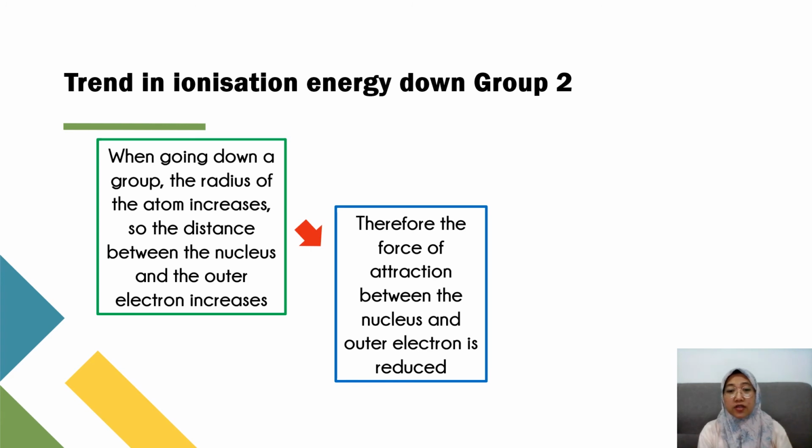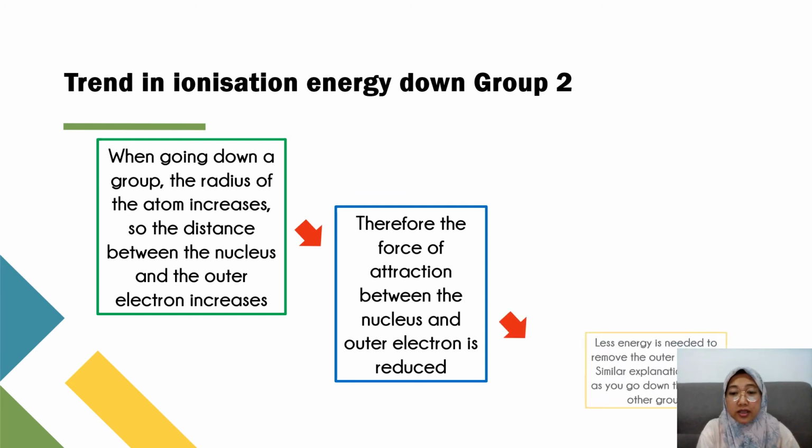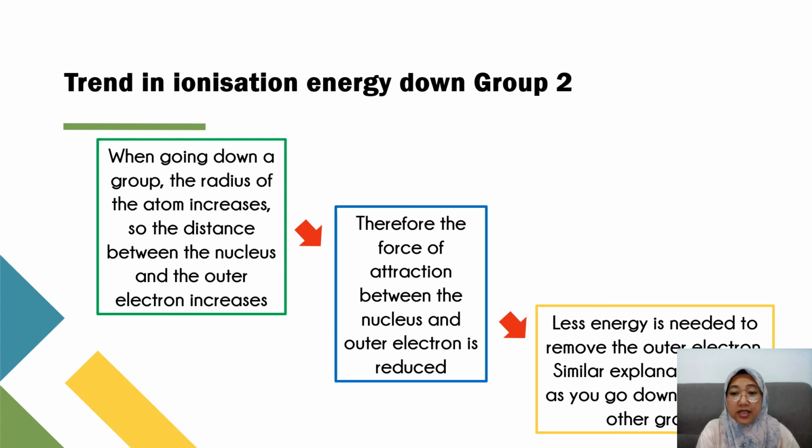Jadi bila jauh, lagi senanglah untuk dia release. Therefore, the force of attraction between the nucleus and outer electron is reduced, become weaker. And less energy is needed to remove the outer electron. Okay, similar explanation as you go down the other groups. Okay, group lain pun samalah explanation macam ni jugalah.